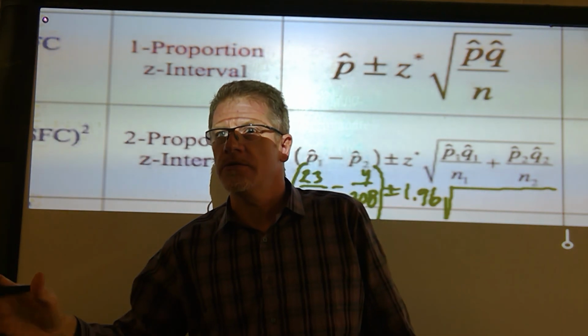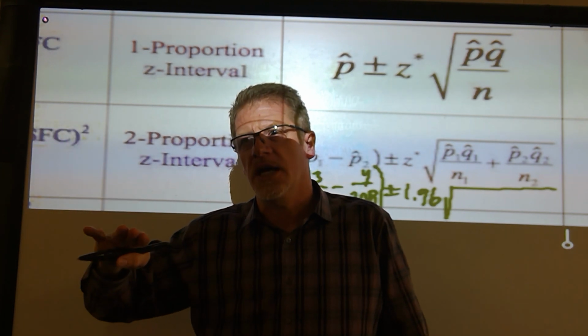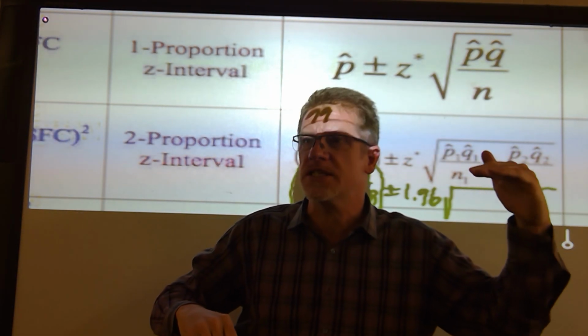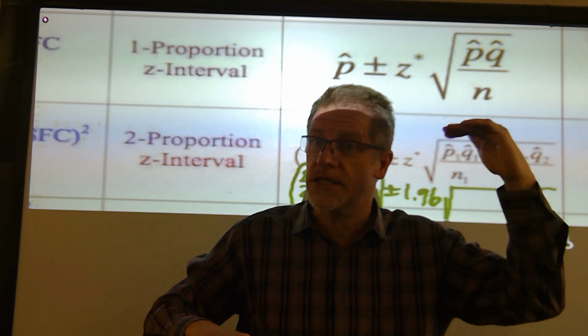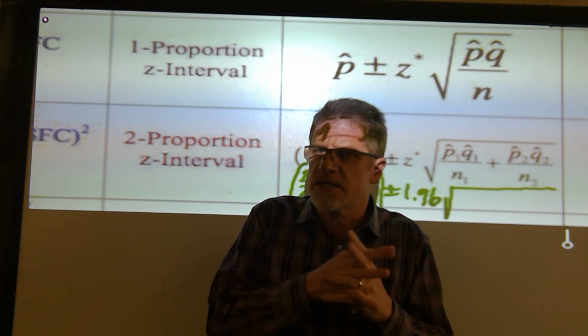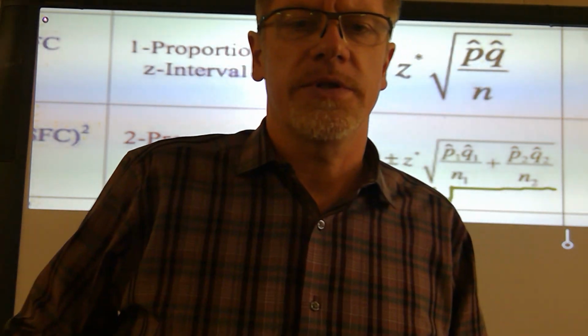So AB80, those are the intervals where it either contains or does not contain the hypothesized value. 5624 generates p-values which are either less than 0.05 or not, less than alpha level or not less than alpha level. And then CD is chi-square test. We'll learn that later. Those other things come later.